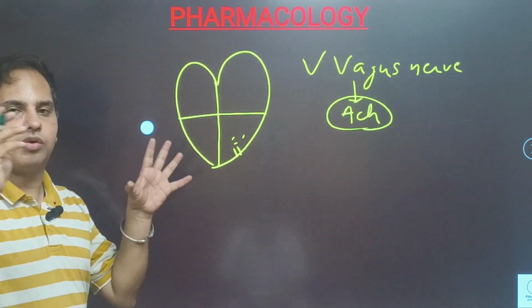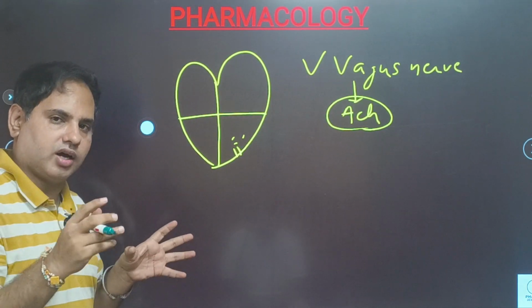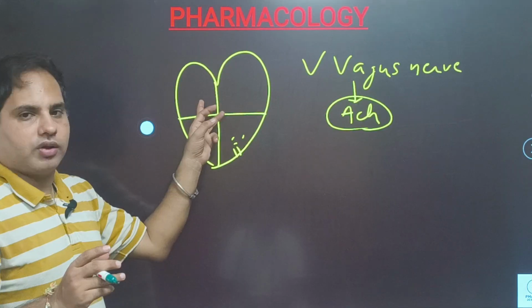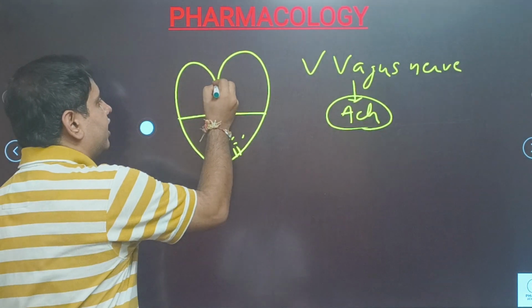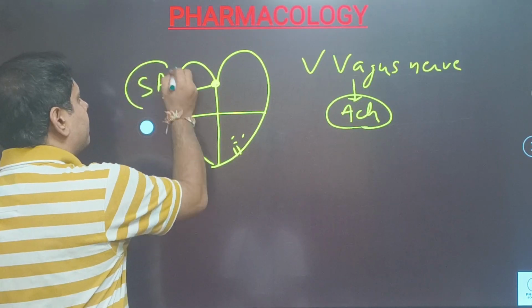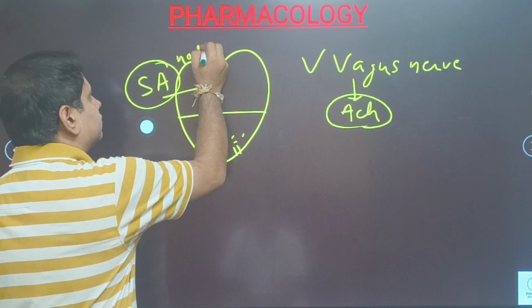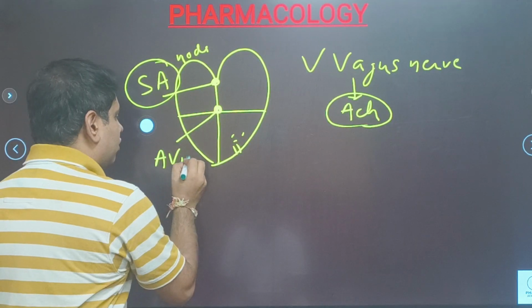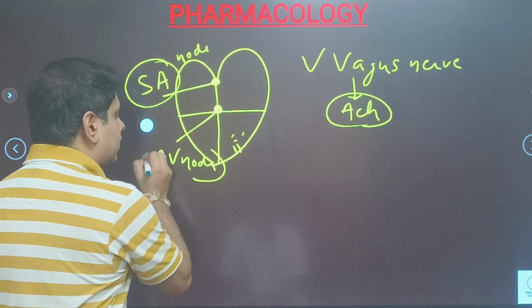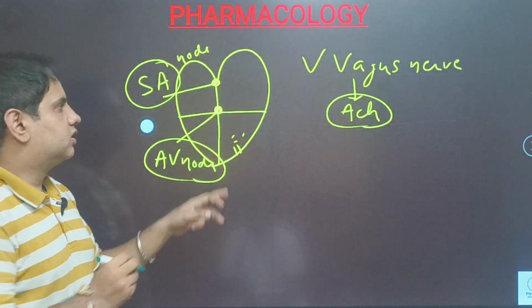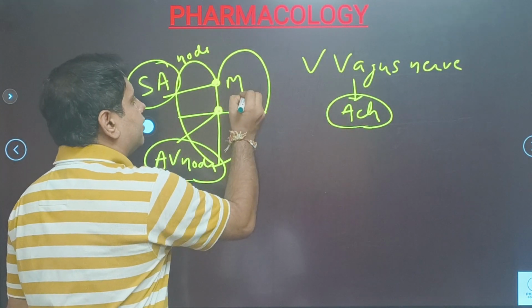We discussed that beta 1 receptors are present all over the heart for the sympathetic system, but for acetylcholine the receptors are on a particular part of the heart. Here is the SA node, and this is your AV node. Here are your M2 muscarinic receptors.